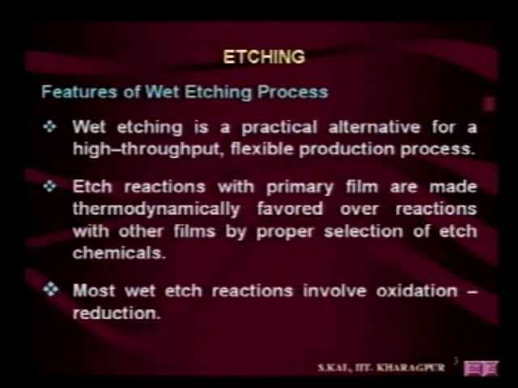In case of resist silicon dioxide silicon system, primary film should be silicon dioxide. In case of aluminum patterning, primary film should be aluminum film. So that is the primary film. Primary film reactions are made thermodynamically favored over reactions with other films.